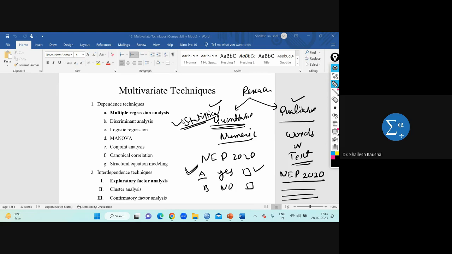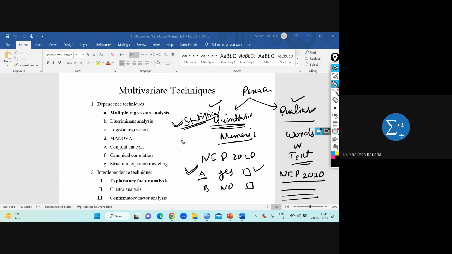In quantitative research, we use all statistical tools and techniques. We can analyze our quantitative data with one sample t-test, one sample median test, independent t-test, paired t-test, ANOVA, repeated measures ANOVA, chi-square test, Friedman ANOVA, correlation, regression, factor analysis, cluster analysis, discriminant analysis.